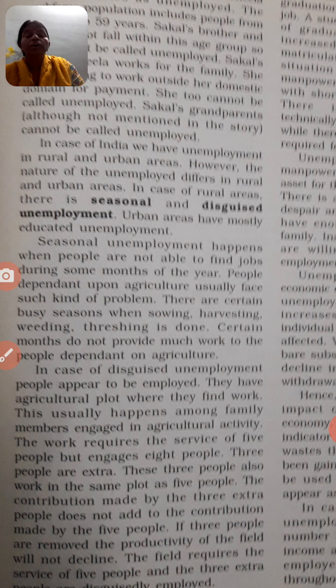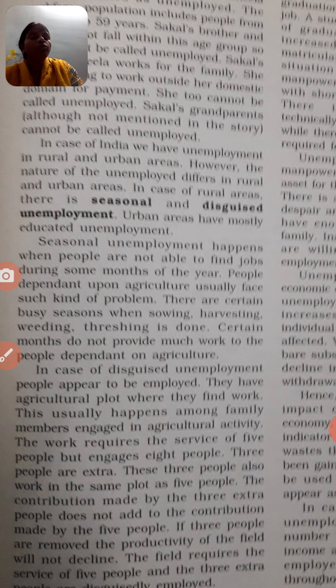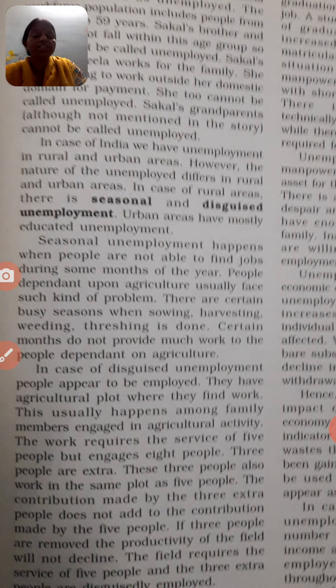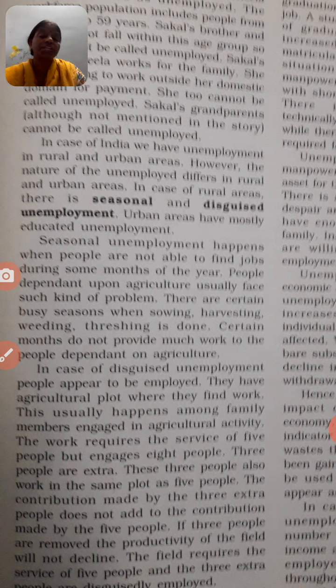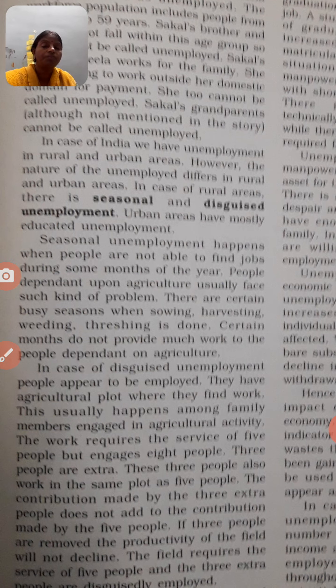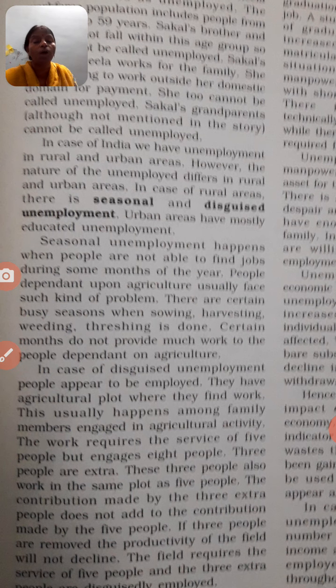Now let me define what is seasonal unemployment. Seasonal unemployment happens when people are not able to find jobs during some months of the year. As we know, in villages or rural areas, the main occupation is farming. Farming is a seasonal activity, and its work is not done throughout the year.